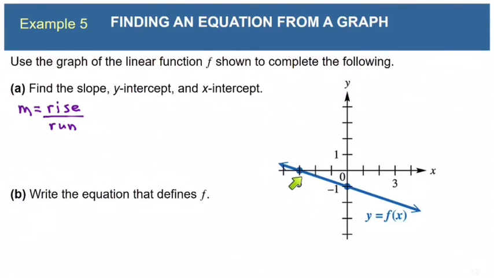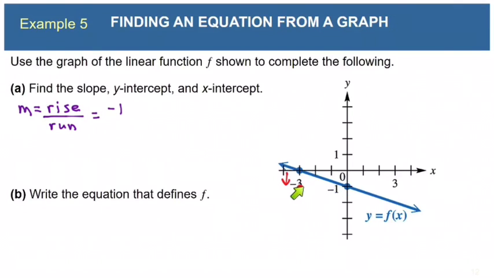Now I usually start with the left point, which in this case also happens to be the higher point. And first I think about rise. How far is it up or down to the next point? Well, it seems to be down 1. And so the rise is actually -1. And now the run is how far horizontally I have to go to get to this second point.